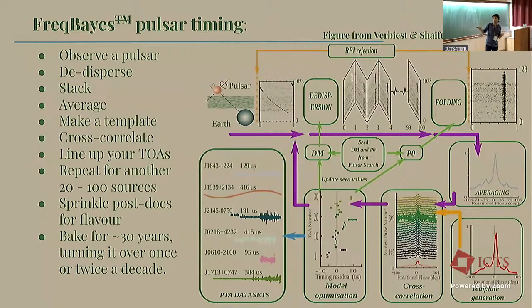Once you have this, you can choose a nominal time on the template, and you can try to find the time at which the same phase bin arrived in the actual data. That's what I mean by cross correlation. We do this in the Fourier domain, and we find a TOA for each observation referenced to this template.